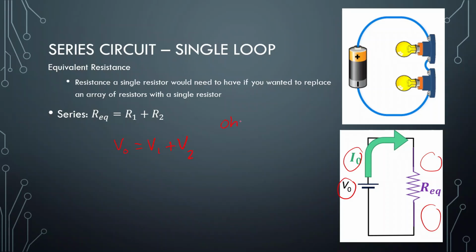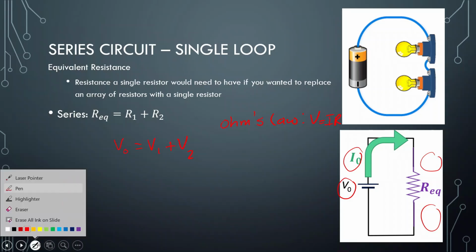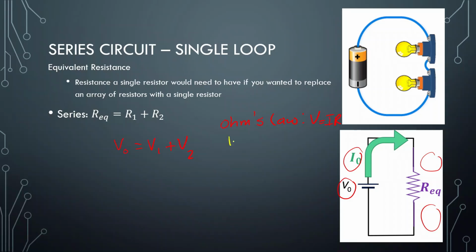Now with Ohm's law, I know that V is equal to I times R. What that means is I can write statements that say V0 is equal to I0 times Req. I can say that V1 is equal to I1 times R1, and V2 is equal to I2 times R2. All of these are valid statements of Ohm's law.